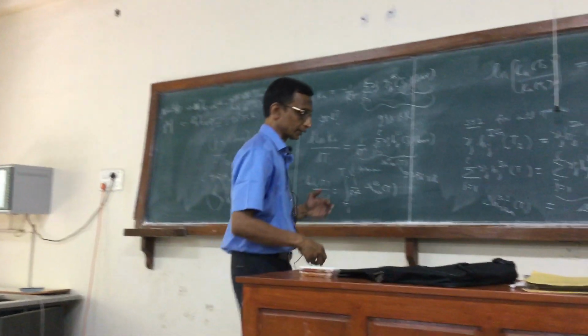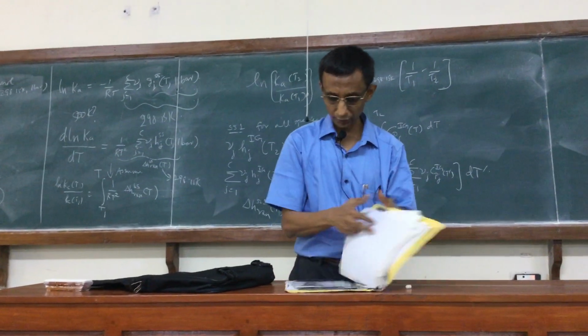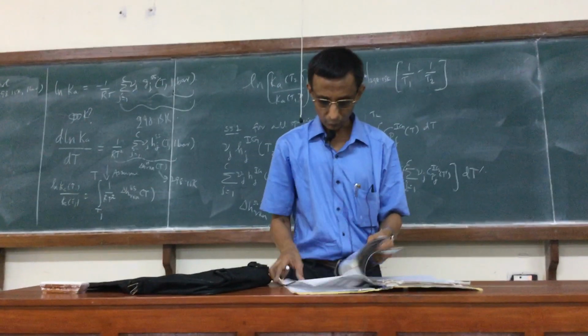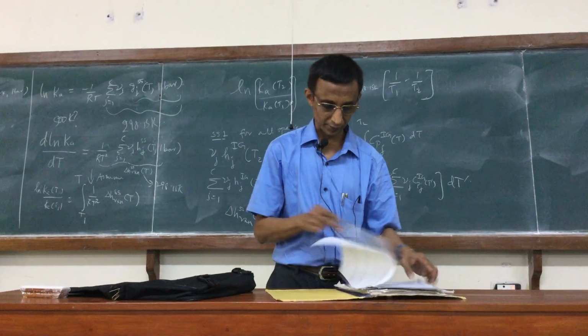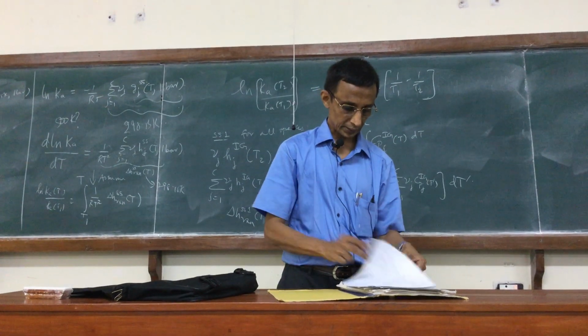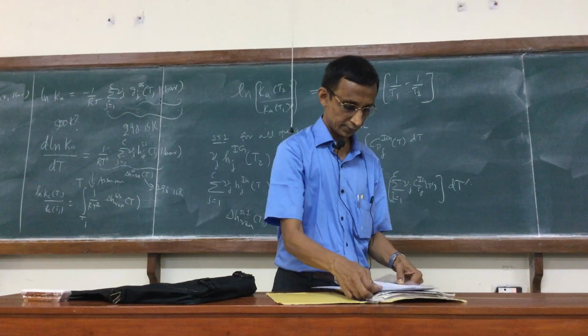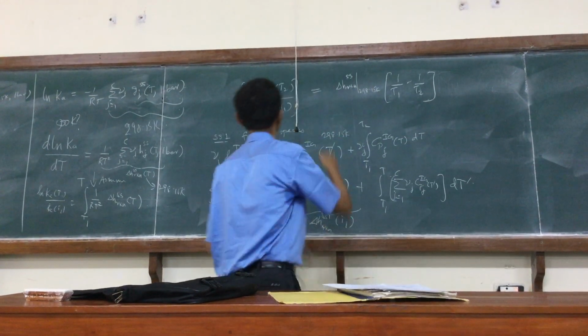Actually, it is being done. I think it's easier to show this. It is very standard and Perry's handbook has a big set of expressions. So let's just see if this is slightly clearer.